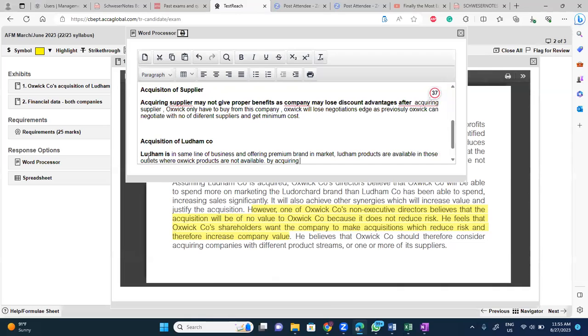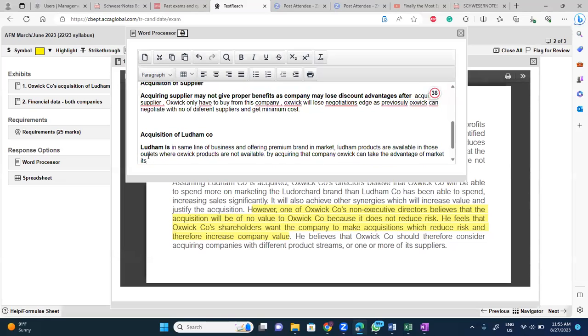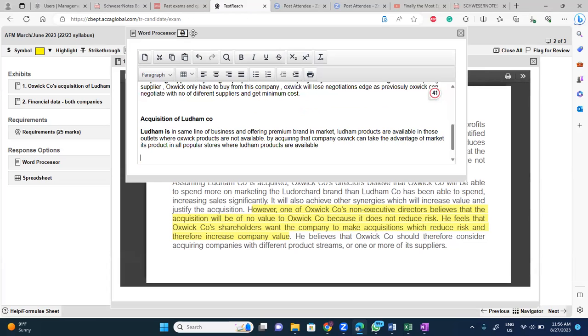By acquiring that company, Oxwick can take the advantage of marketing its products in all popular stores where Ludum products are available. You can write this.